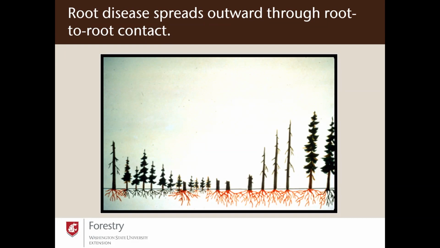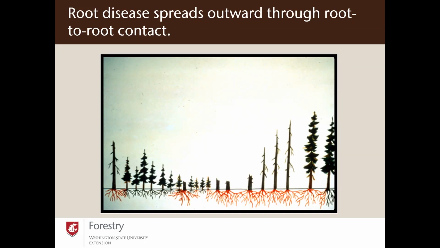So here we have a diagram of a horizontal profile of a root disease pocket. Again, because it's happening under the soil, it's a localized phenomenon. We have an opening in the middle there with just stumps, and the roots attached to those are colored red. So we have some trees that have red roots and some that have black.